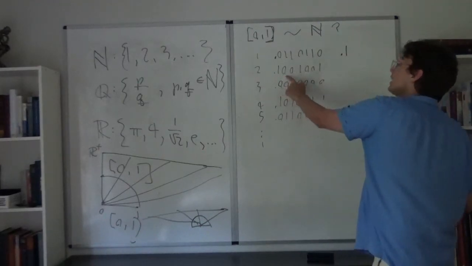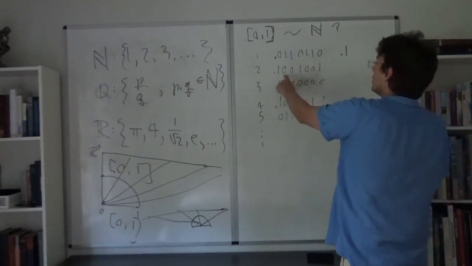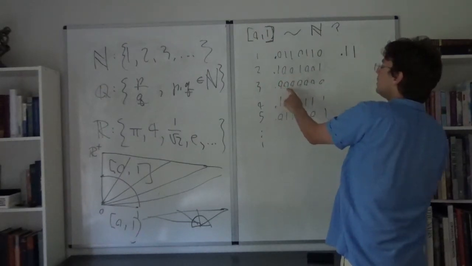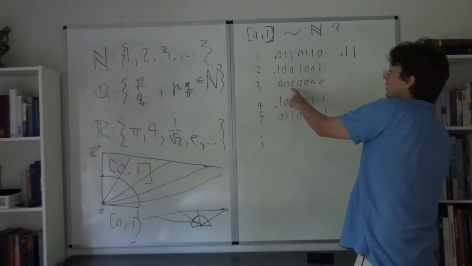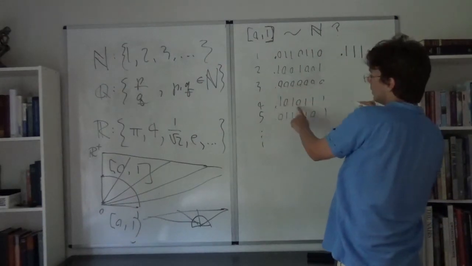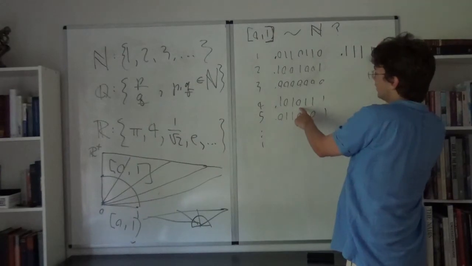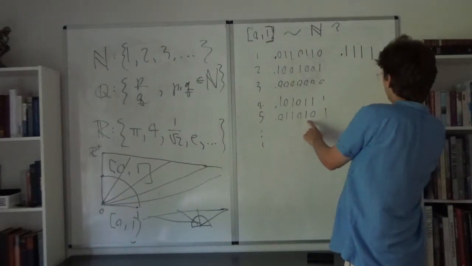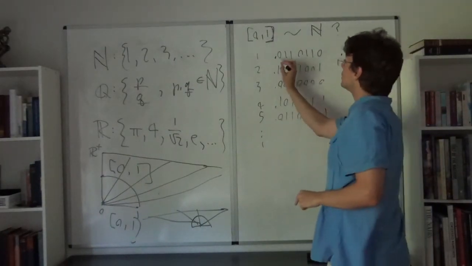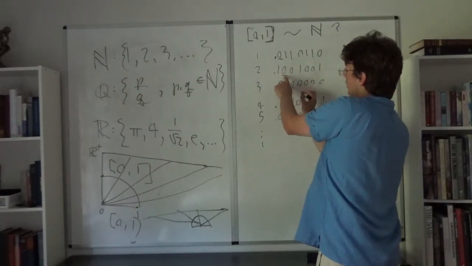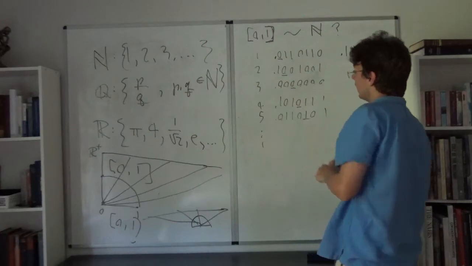And I took this second number here, that's 0, let me flip that, I'll make that 1. And look, this third place, that's also 0, so make that 1. And this fourth place, I'm going to flip it, and here, finally, a 0. Like this, okay? So in the first guy, I'm looking at the first decimal place, second guy, second, third guy, third, fourth guy, fourth.